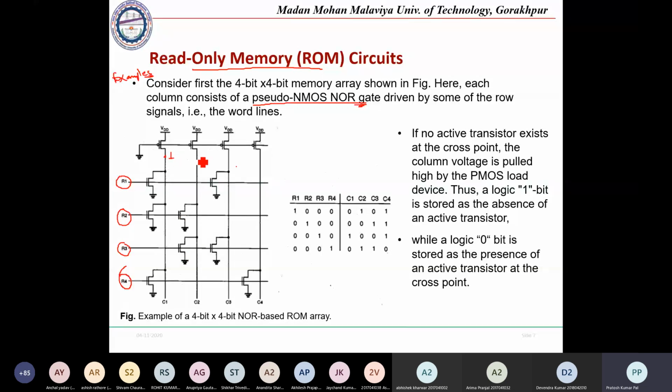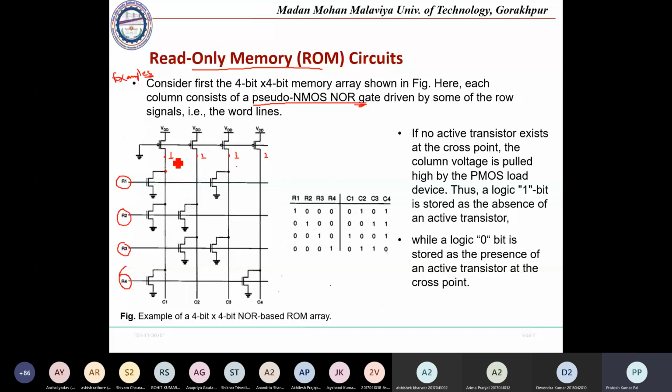But with respect to the given value of row, the value of columns will be changing. Suppose R1 is on, meaning it is 1, then this transistor will be on. If this transistor is on, whatever value is at this point will be connected to ground.